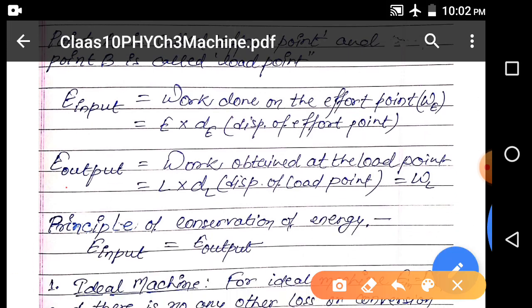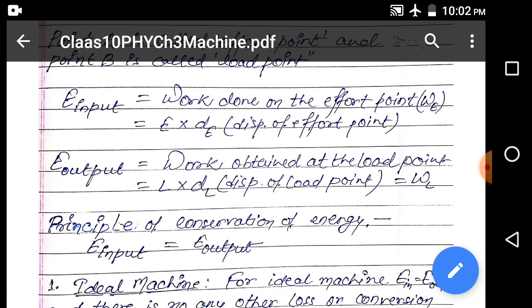Energy output is the work obtained at the load point, that is WL, work done on the load, which is equal to L, the load, into dl, the displacement of the load point. So from the principle of conservation of energy, we all know that energy remains constant, so energy input should be equal to energy output.